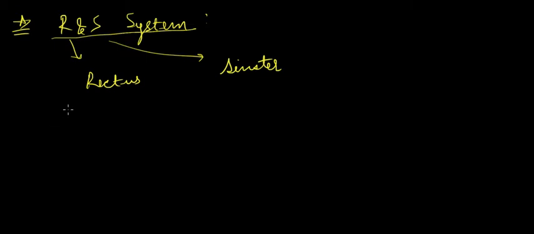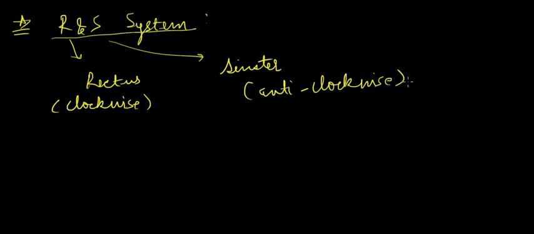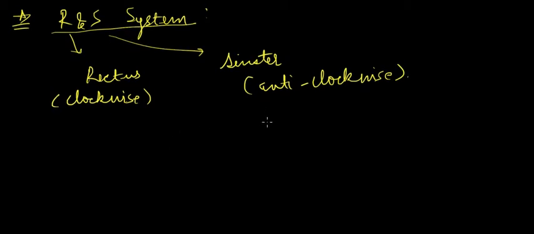Okay, so rectus is clockwise and sinister is obviously anti-clockwise. And what do I actually mean when I say R and S system in chiral compounds? So we'll just look into it.